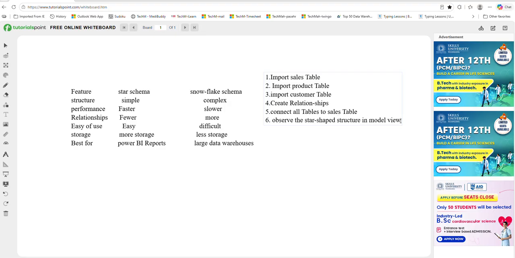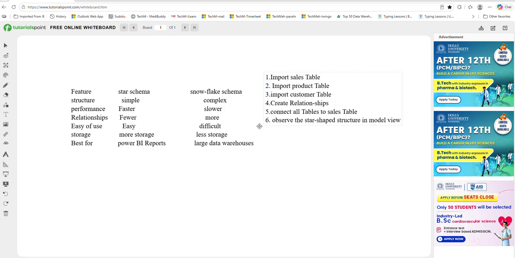This is the last task. So this is the practical demonstration. Practice these six tasks at home and you will complete this session.